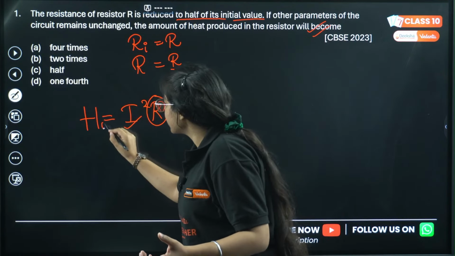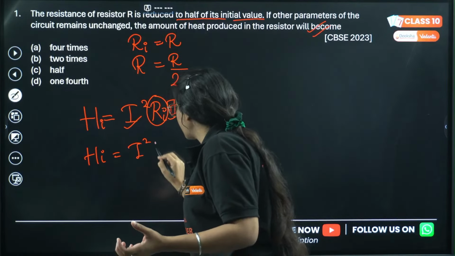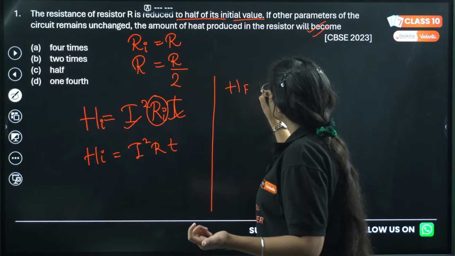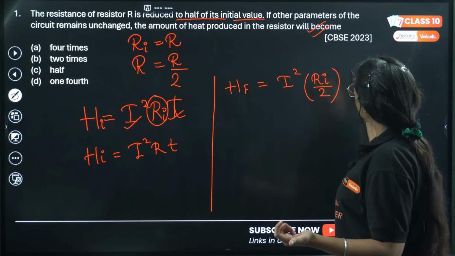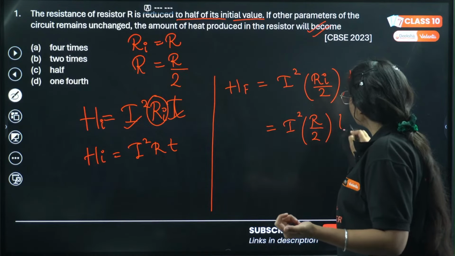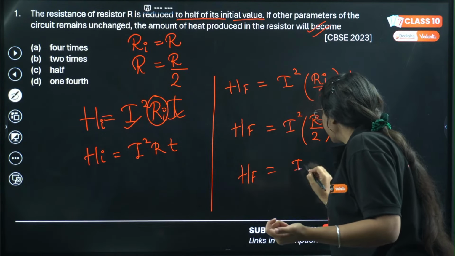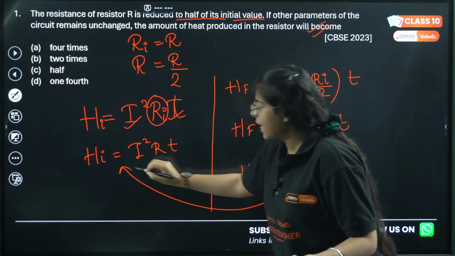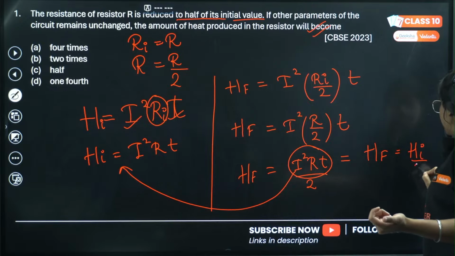The R. If my initial heat is H initial, so it is simply I square R T. Now my final heat, where the resistance becomes half, so here it will be R by 2 into T. So H final, if I just rearrange it, can I write I square RT divided by 2, and I square RT is nothing but H initial, so it will just be half of the initial value.